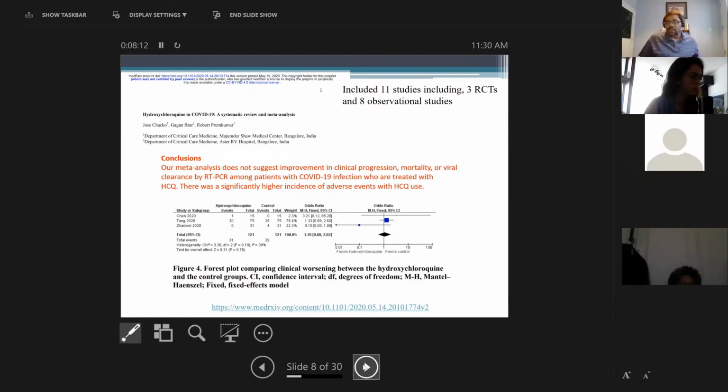After this course, all of you know exactly what that means. 3 RCTs, 8 observational studies, and the overall conclusion of this meta-analysis was our meta-analysis does not suggest improvement in clinical progression, mortality, or viral clearance among patients with COVID-19 who are treated with hydroxychloroquine. There was a significantly higher incidence of adverse events with chloroquine use, right? Those are the conclusions from this particular meta-analysis.